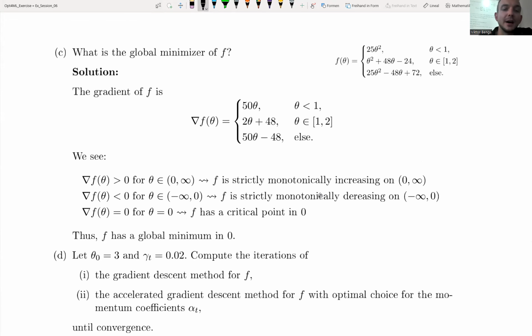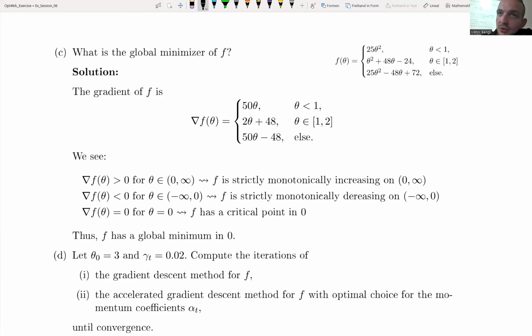Okay, then how can we argue about the minimizer? Well, let's have a look at what the gradient is doing for the range between 0 and infinity. There we see that the gradient is always strictly greater than 0.